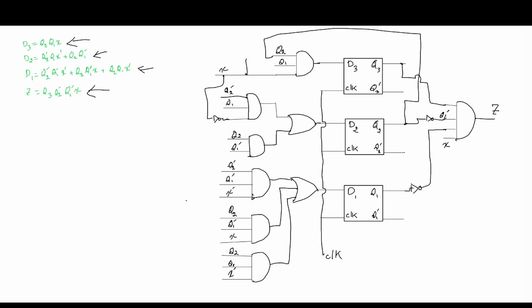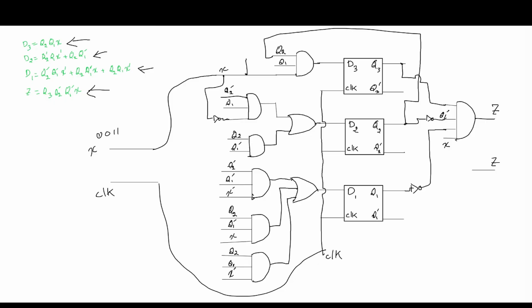So the circuit technically will have a clock input and then user input X. And then on the output, we're going to have the output Z. Of course, this clock will be connected to this clock, and then the user input X will be connected here. And then when we detect when the user enters 0, 0, 1, 1, 1, the output should be 1. Otherwise, it should be 0.